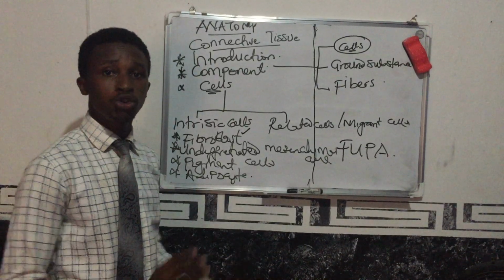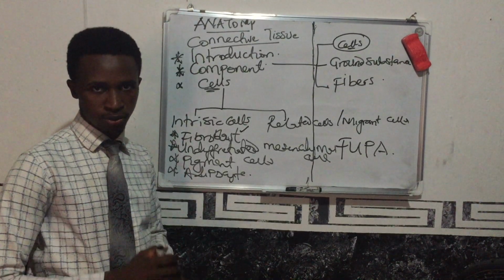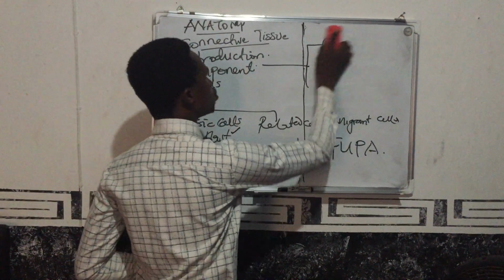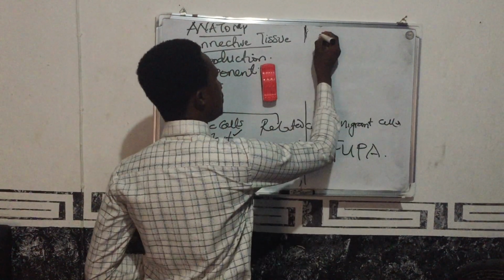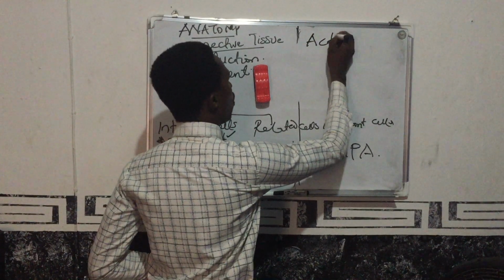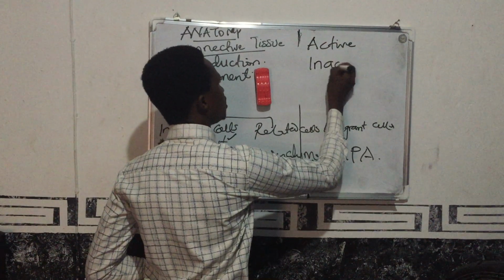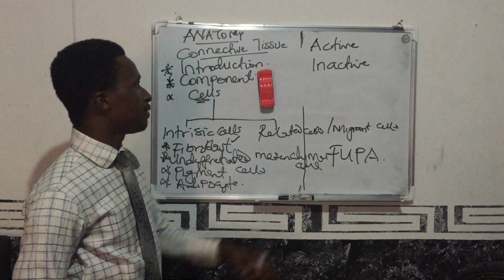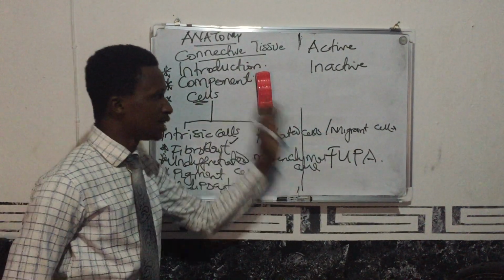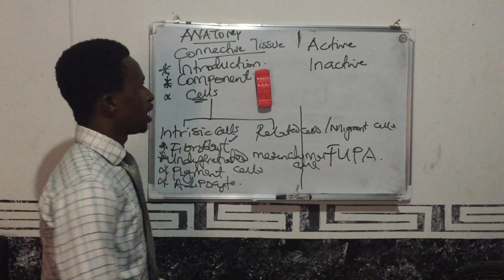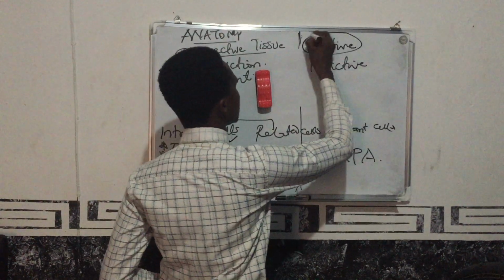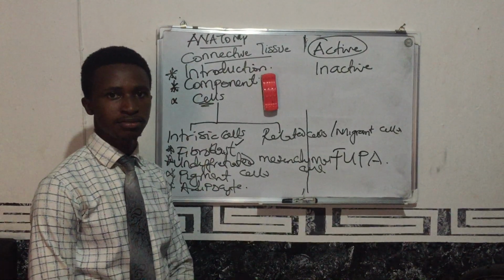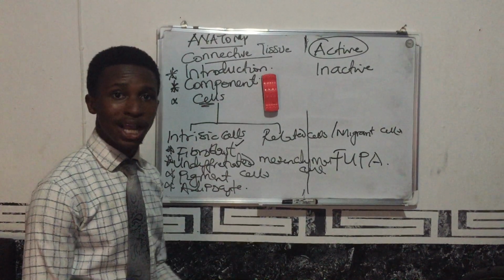Fibroblast is the most common cell of connective tissue. Fibroblast can be in two forms: an active form or an inactive form. Active fibroblast has a very abundant cytoplasm with many organelles.